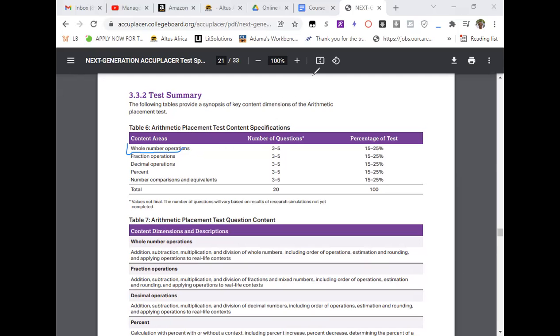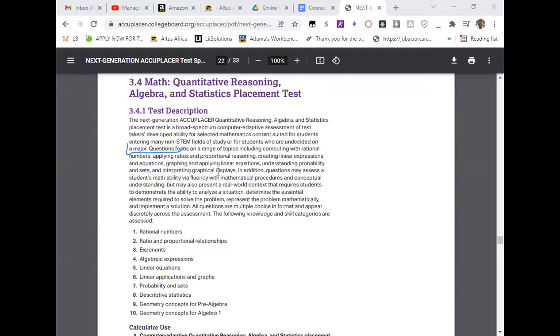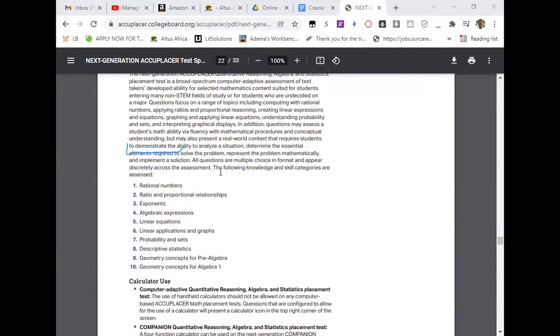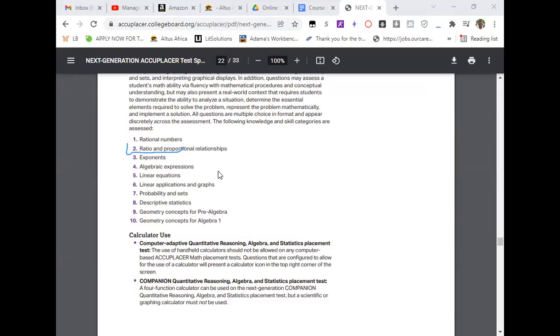Now, let's move on to the quantitative reasoning section. It has double the number of topics of the arithmetic section. Those topics are rational numbers, which is just fractions said in a different way, like a number dividing another number.